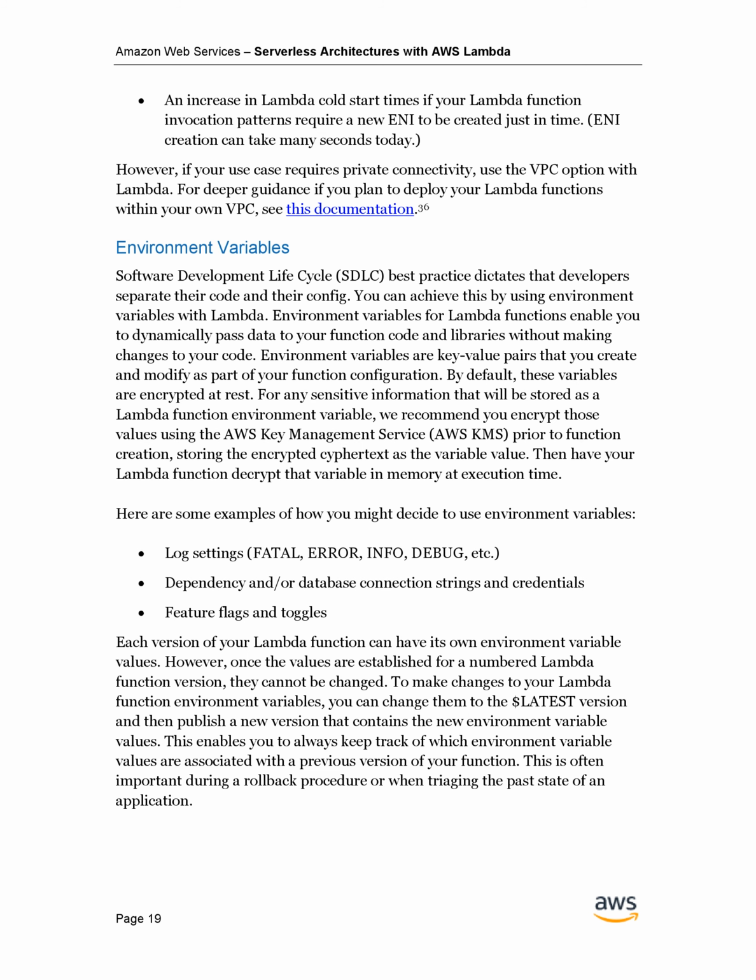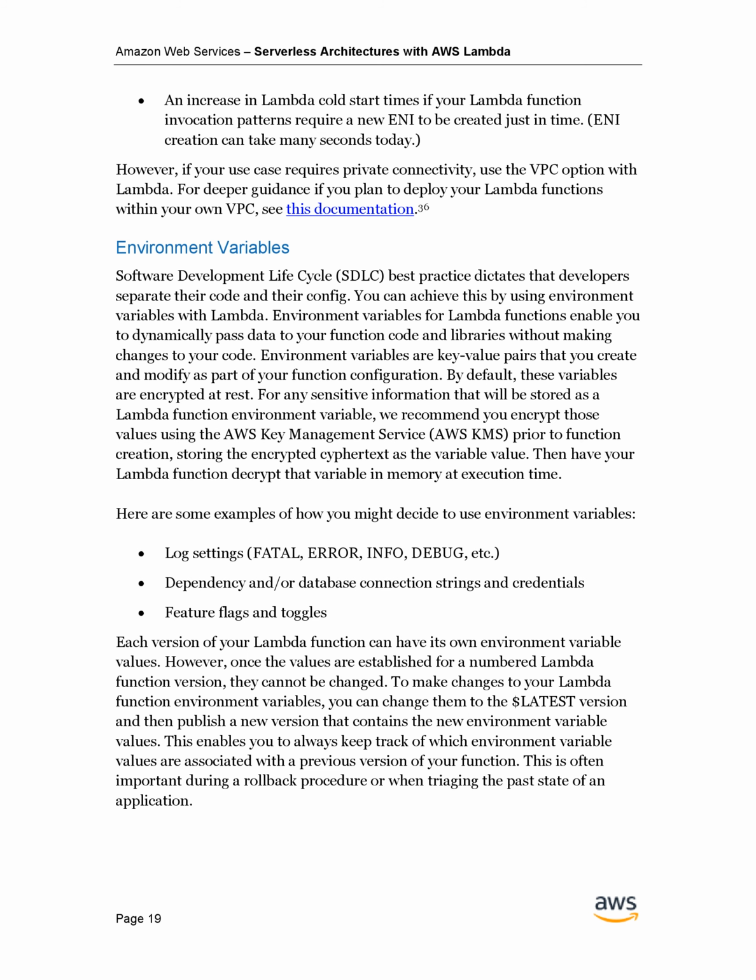36. Environment Variables. Software Development Lifecycle, SDLC, best practice dictates that developers separate their code and their config. You can achieve this by using environment variables with Lambda. Environment variables for Lambda functions enable you to dynamically pass data to your function code and libraries without making changes to your code. Environment variables are key value pairs that you create and modify as part of your function configuration.